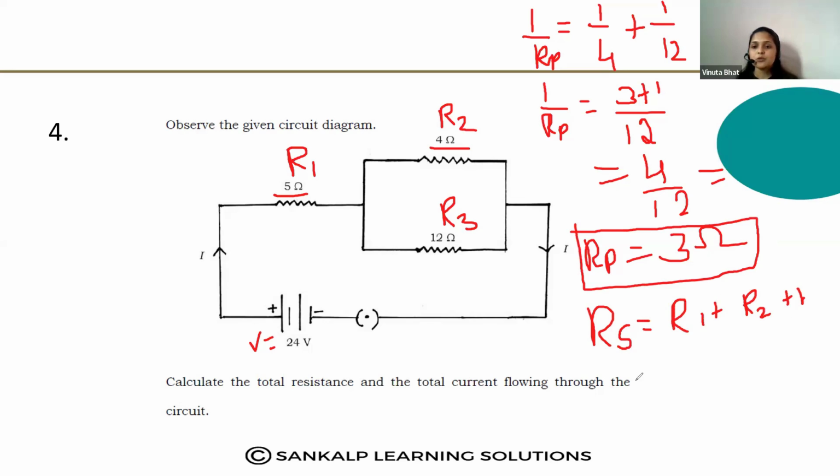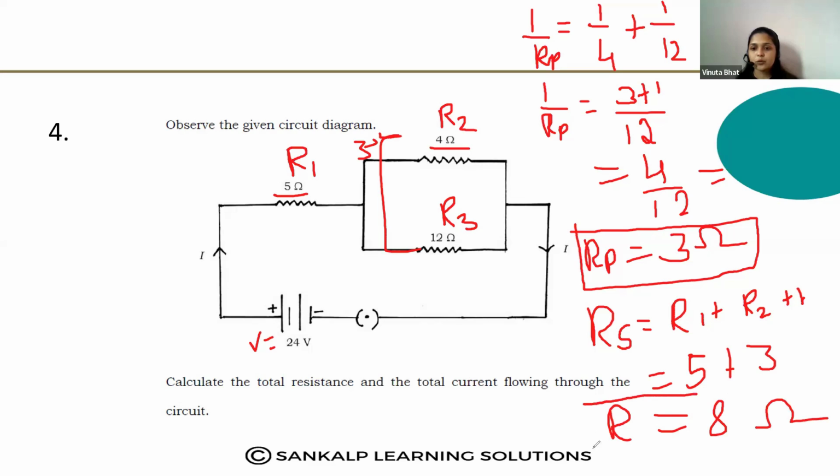So the total resistance: R1 is 5 ohm plus Rp is 3 ohm, so the total resistance is 8 ohm.